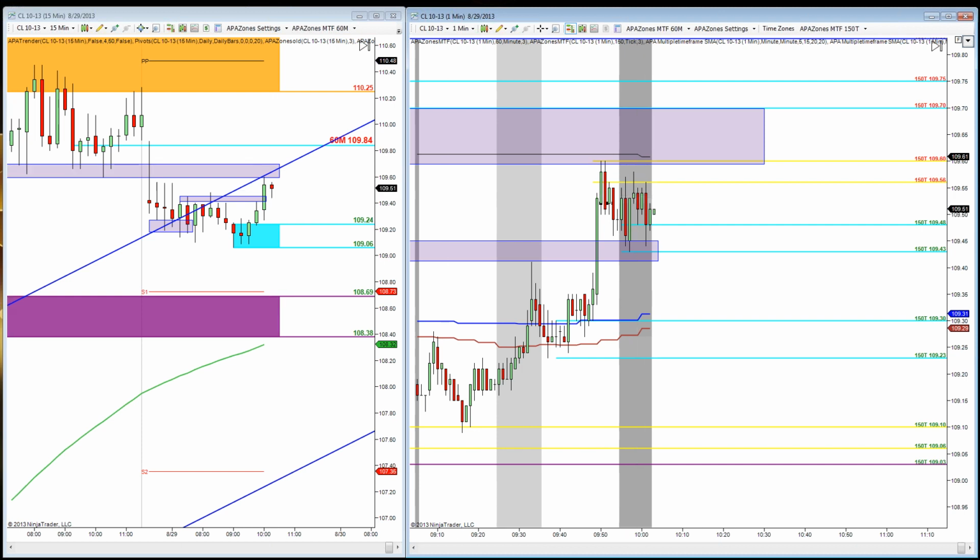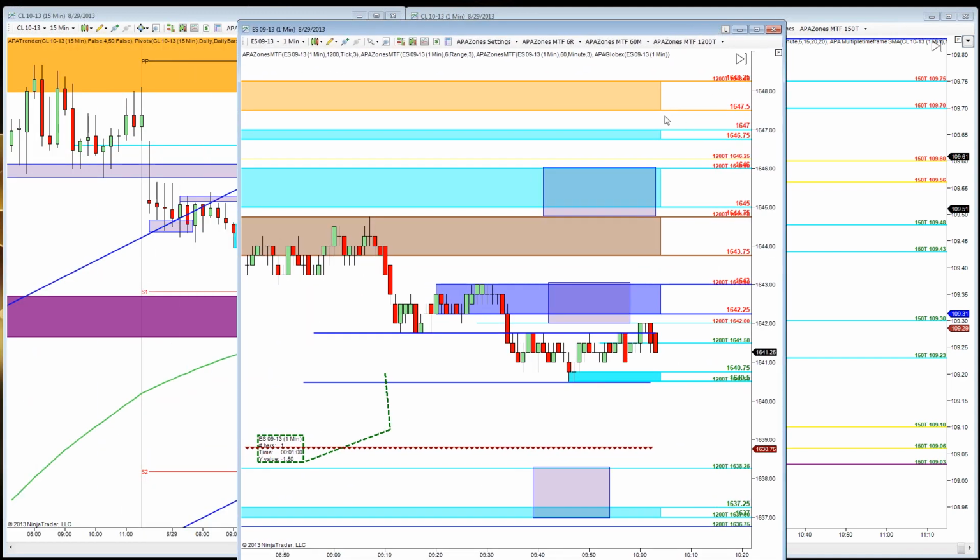Alright, let's go back over here to the ES. Alright. So the ES did break up a little bit higher, but it looks like it's hitting that 150 tick zone that we're talking about, and it's coming back down into this area.